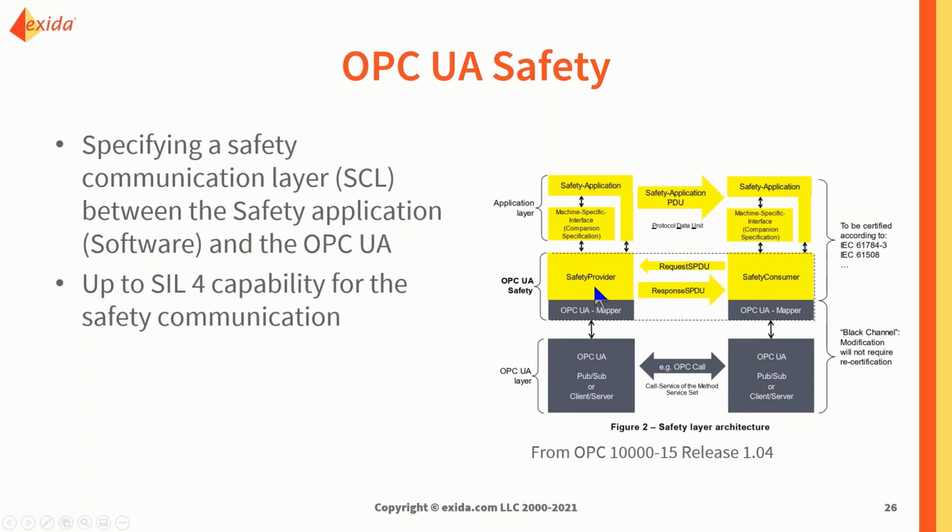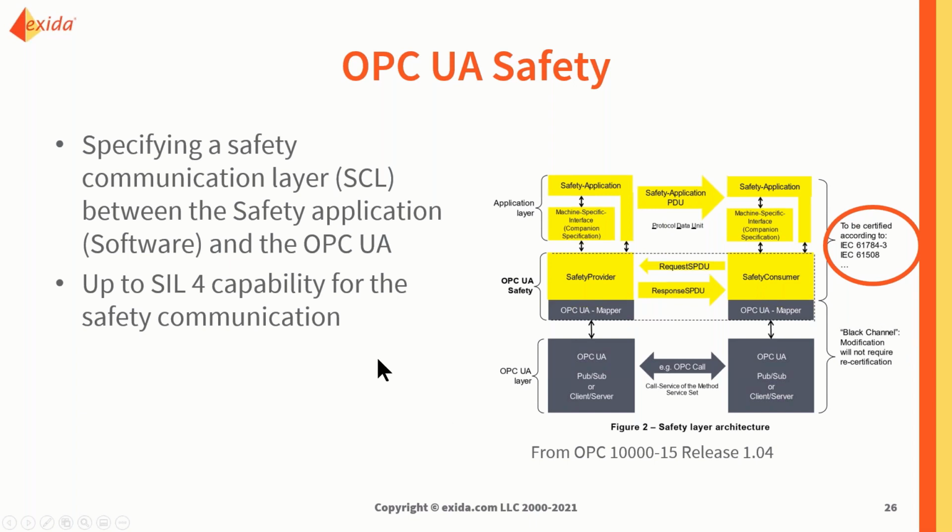Only part of this safety layer needs to be compliant with the IEC 61508 standard, right there, only part of it. The other part is like a black channel. So for that particular part, you don't really need to be subject to the requirements of the IEC 61508 standard.